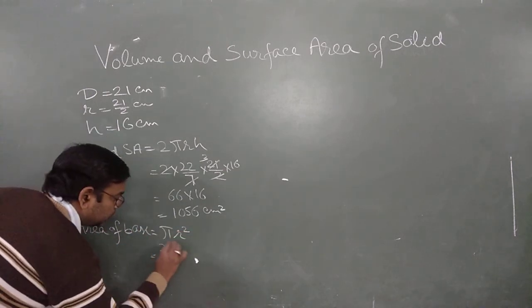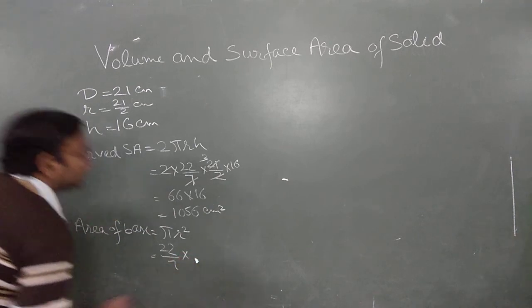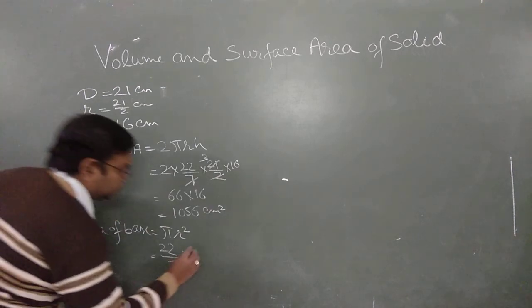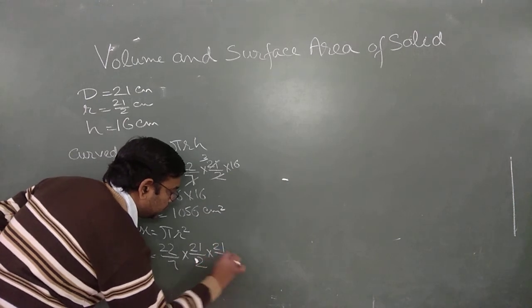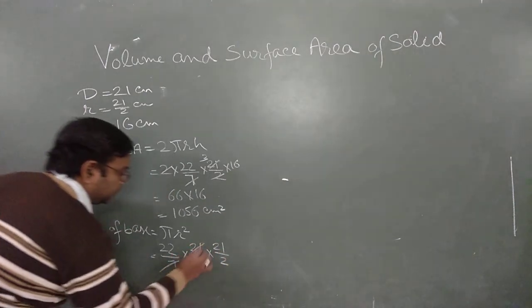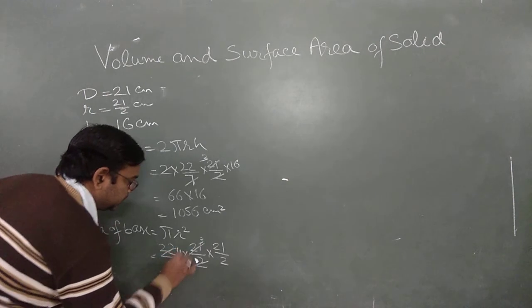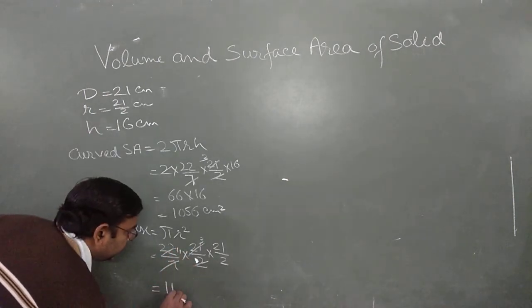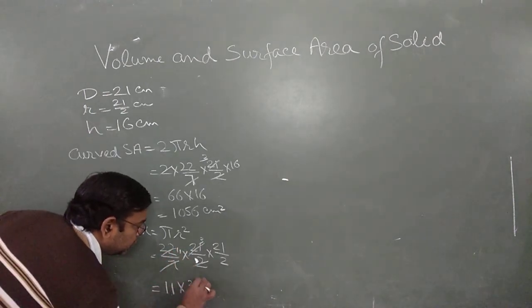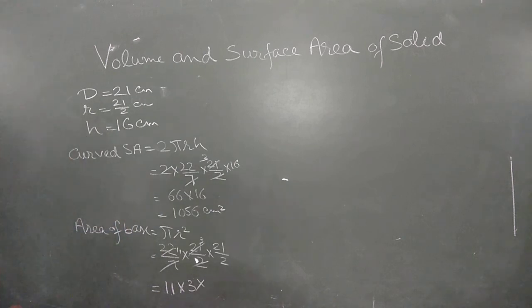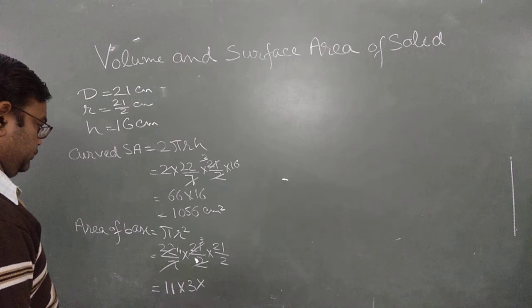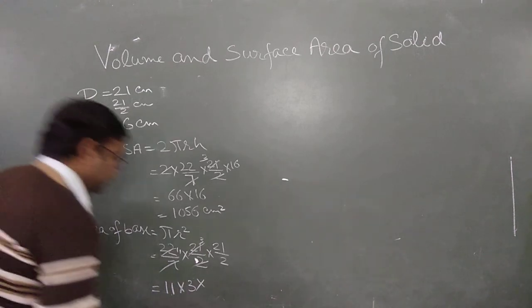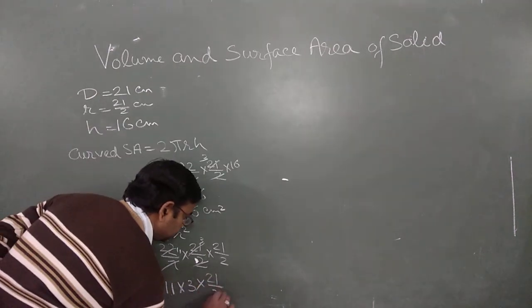It's 22 upon 7, r is 21 upon 2 into 21 upon 2. 7 3s are 21, 2 11s are 22. What do we have? We have 11 into 3 into 21 upon 2. Clear?